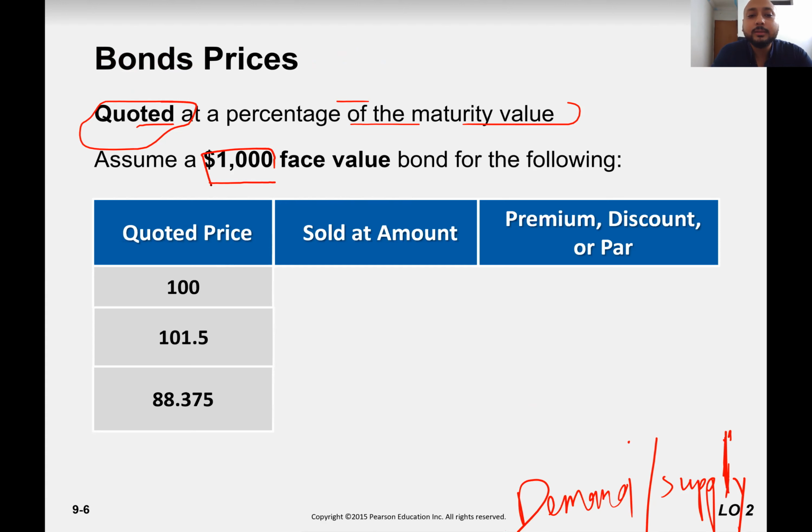So 1,000 is 100, which means in percentage term it is trading at 100. 101.5 means the price of the bond has now increased by 1.5%, right? 1.5% above its value, which means price has increased. 88.375 means price is down by 11.6 something percent.